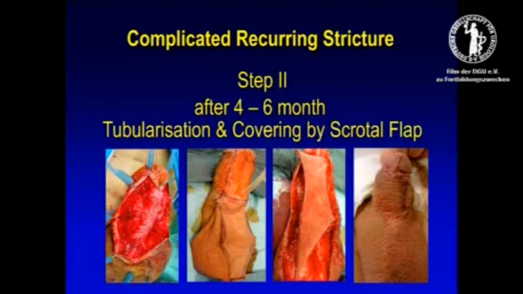The tubularization of the graft is generally performed after 3 to 6 months, and in case of skin shortage, the neourethra is covered by a vascularized scrotal flap.